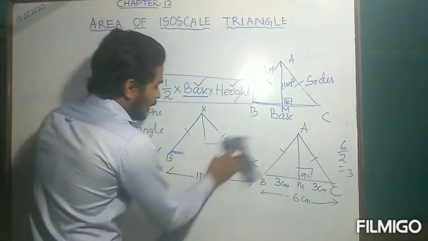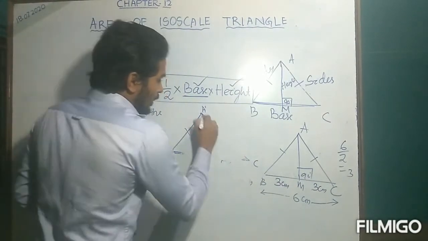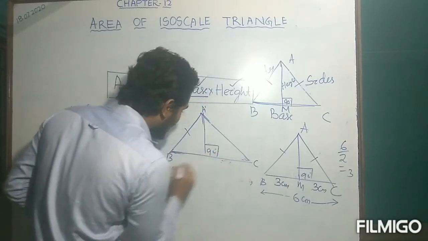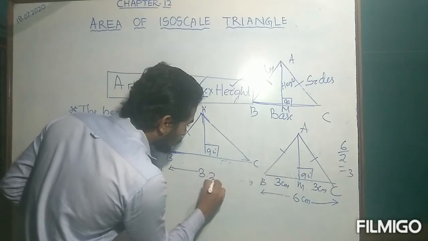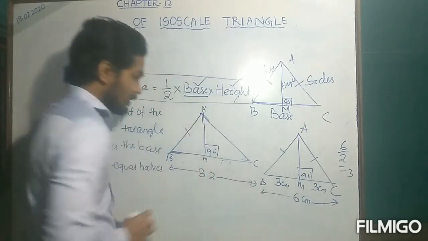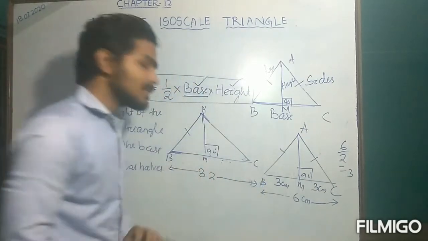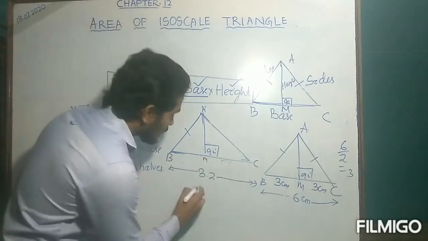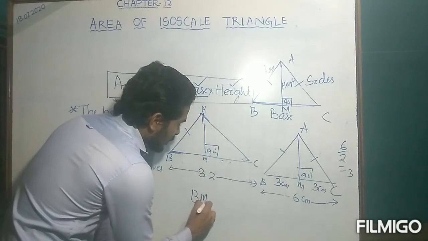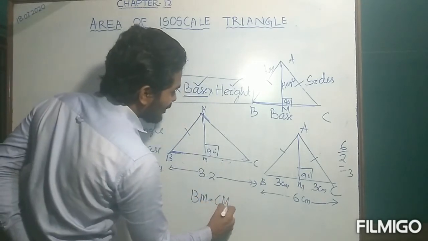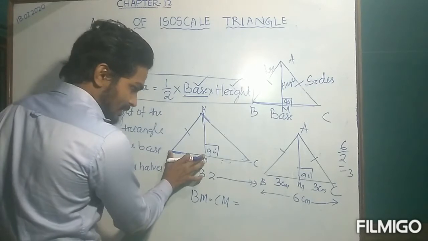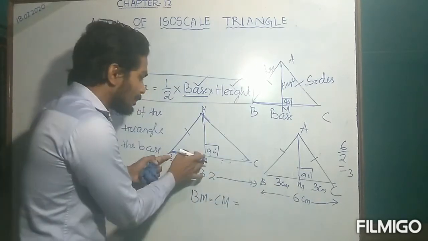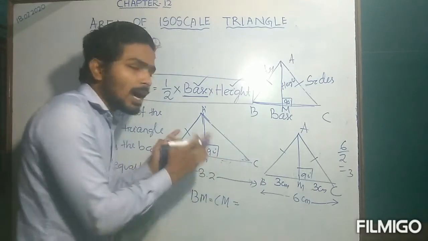Now, if in case the base is not 6 but 3.2, what is the distance of CM and BM? As you know, BM is equal to CM, and this is half of the total distance, because these are the two equal halves.